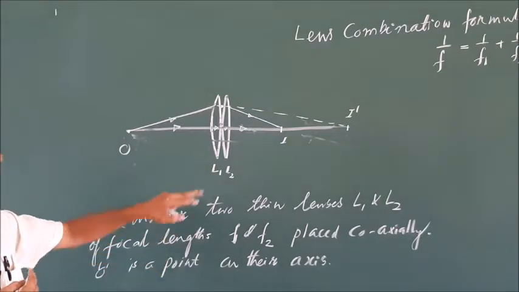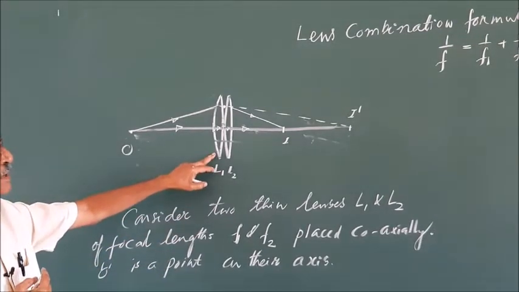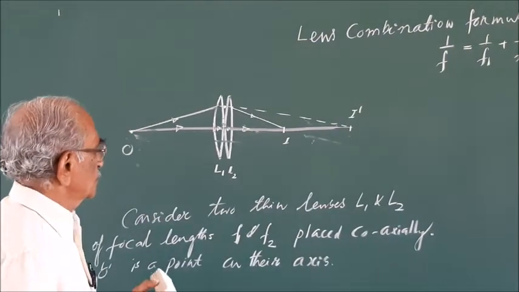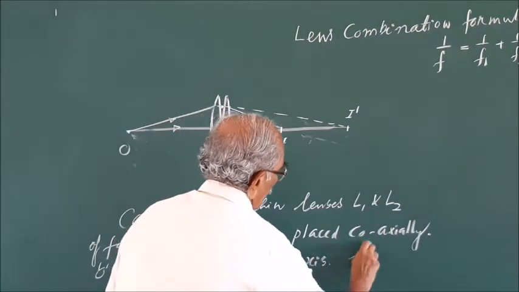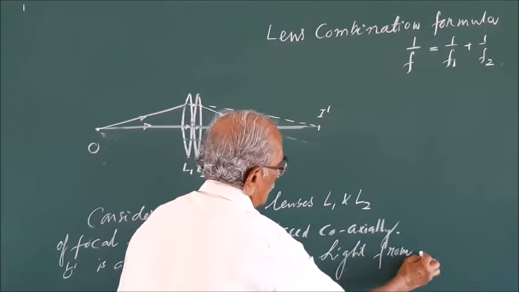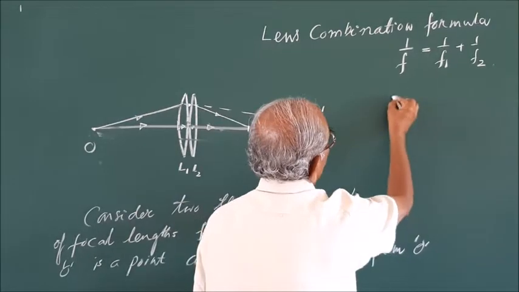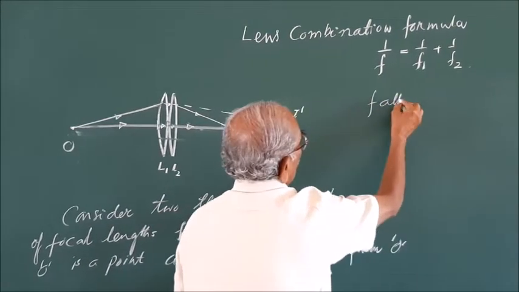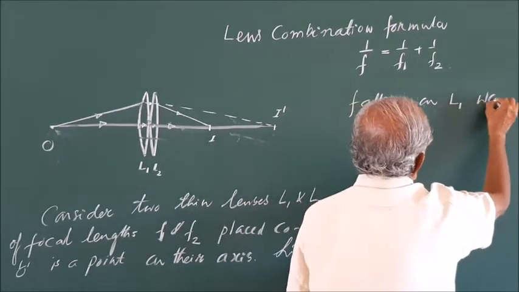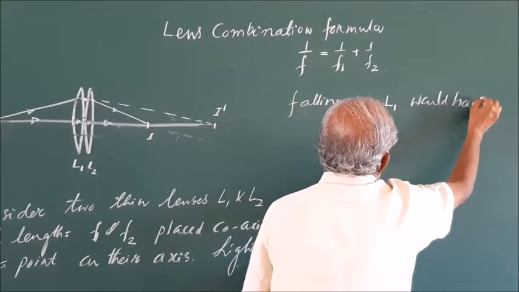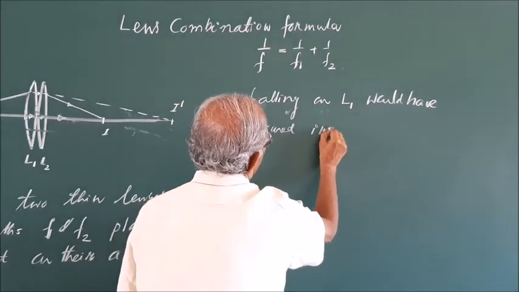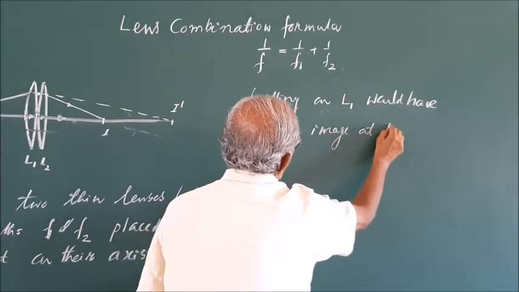Now we'll consider each lens separately and write out the lens formula for them and see what happens. Say light from O falling on L1 would have formed an image at I dash.